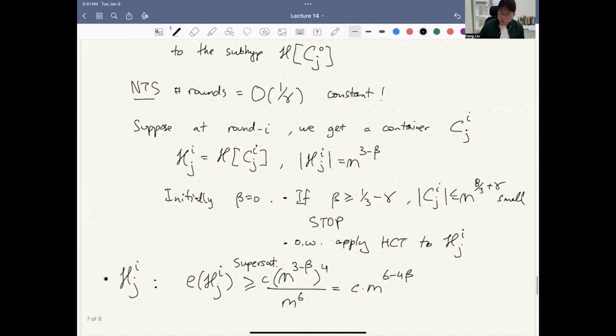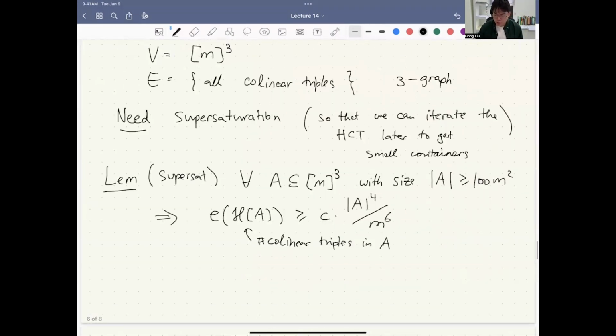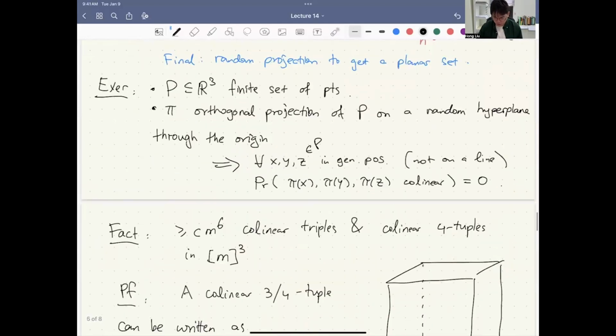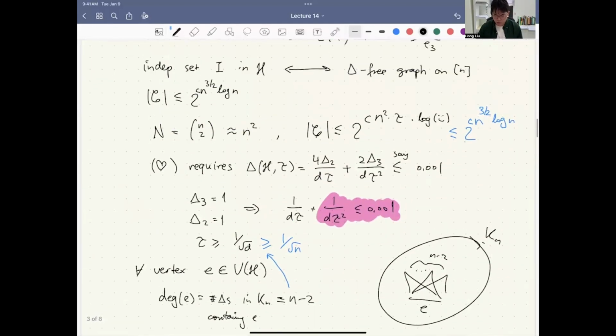Now for the 3 uniform version, let's copy paste the hypergraph container.